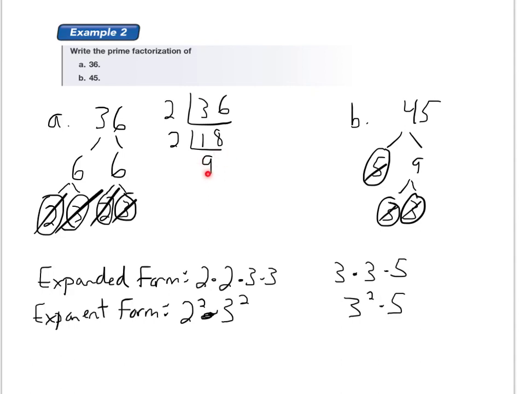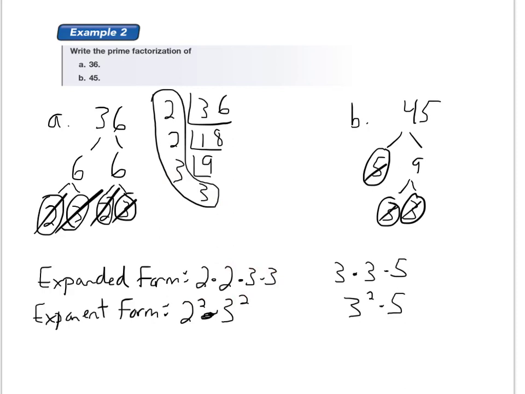Okay, does 2 go into 9? The answer is no. And this is not prime, so we got to figure out another prime number that goes into it. The next lowest prime number besides 2 is 3. Well, I know that 3 goes into 9. And when this number is prime, we are done. And these numbers right here, this little boot, that's where all these numbers came from. Look at that. 2 times 2 times 3 times 3. Heck, they're already even in order for us with downward division.